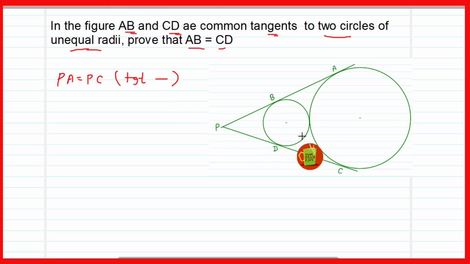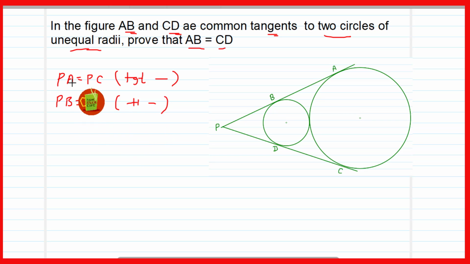Similarly, P is the exterior point of this circle, and so PB and PD are the tangents drawn from the exterior point, and therefore PB is equal to PD. The reason will be the same, that is tangents drawn from the exterior point to the circle are equal.